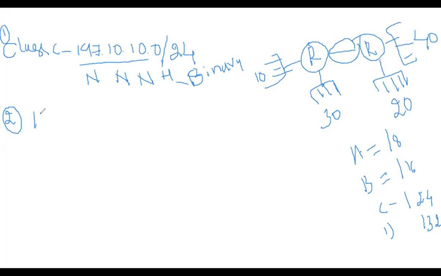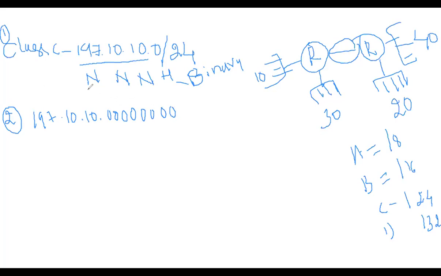So that becomes 197.10.10 followed by 8 zeros: 1, 2, 3, 4, 5, 6, 7, 8.